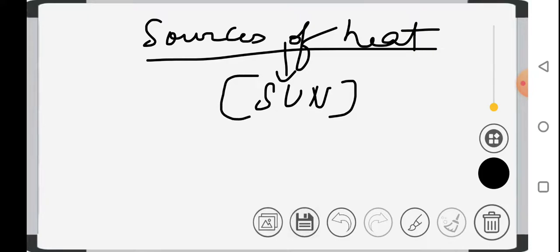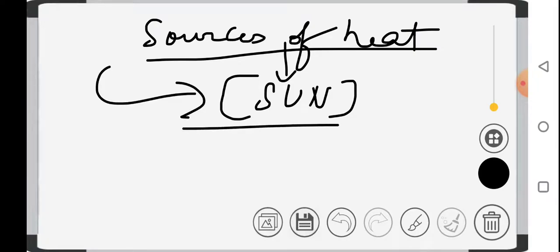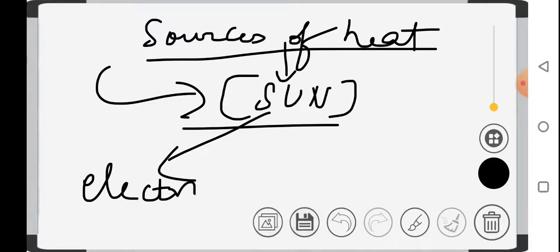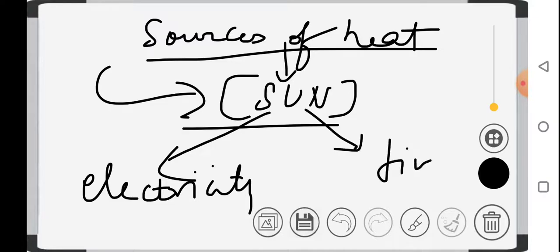But other than the sun, what other alternatives are there from which you can get heat? Who is the prime source? Prime source is the sun. But other than the sun, the other sources are electricity, which produces heat, as well as fire.